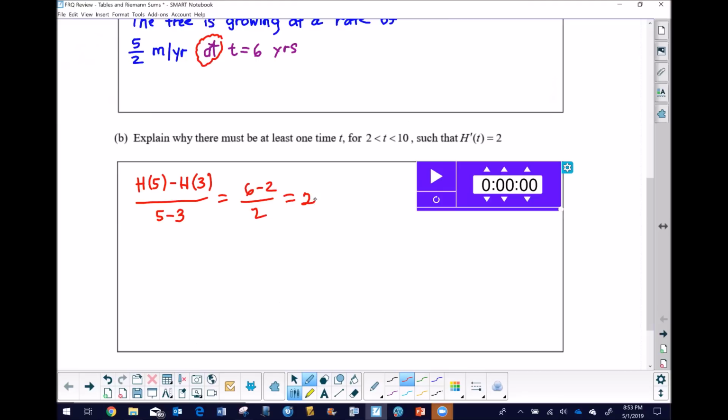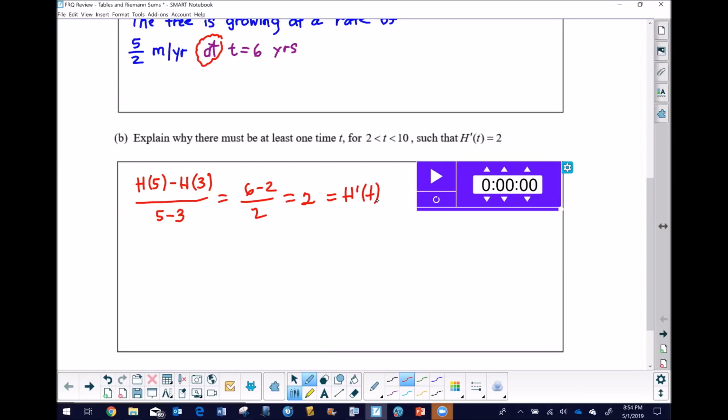So what I've got is a slope of 2 endpoints that's equivalent to 2. That means that's going to be equivalent to h prime of t at that particular location. So I've got pretty much the conclusion of the mean value theorem.